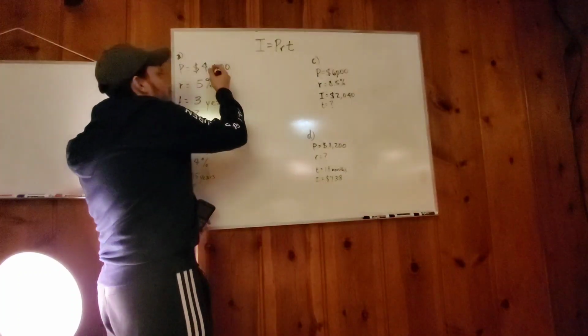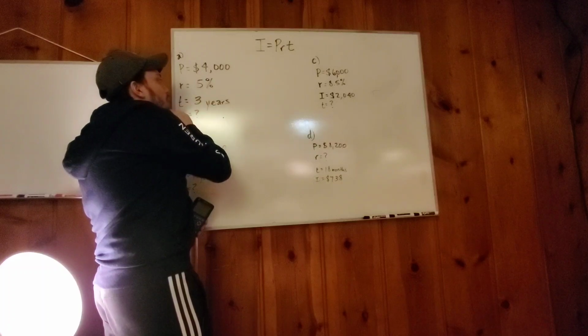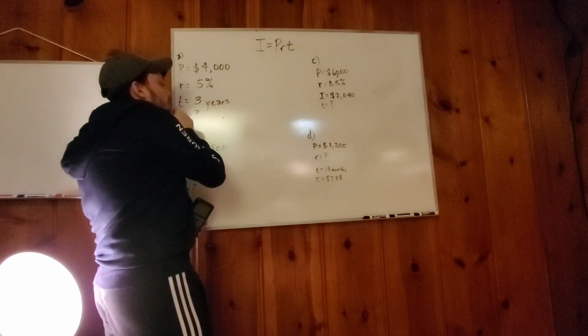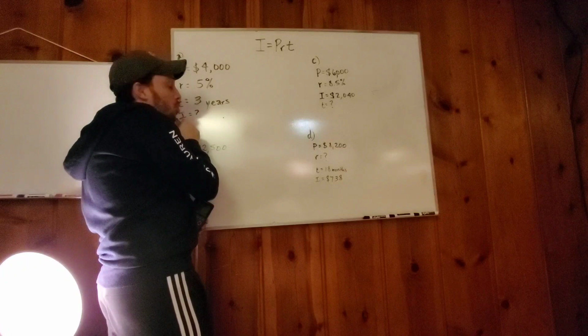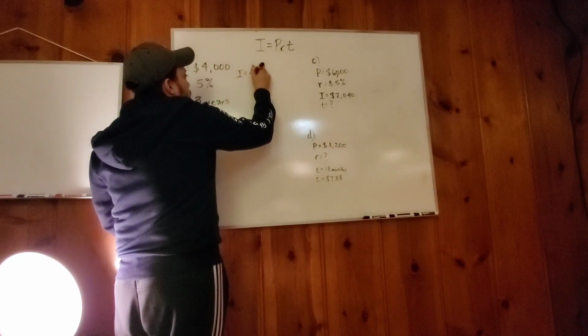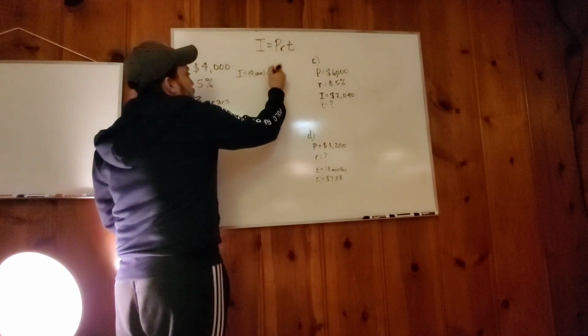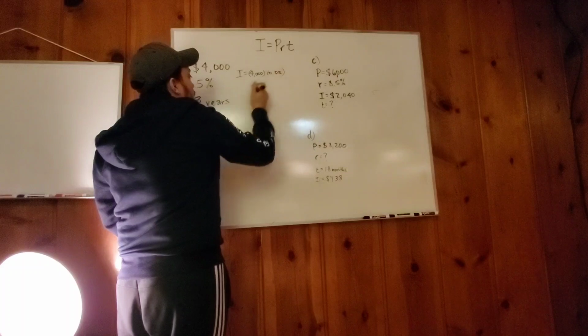In this example, you open a bank account with $4,000. It gives you 5% per year. In 3 years, how much interest would you have earned in that account? So we're going to start with I equals 4,000 times 5%, which is 0.05, times 3.